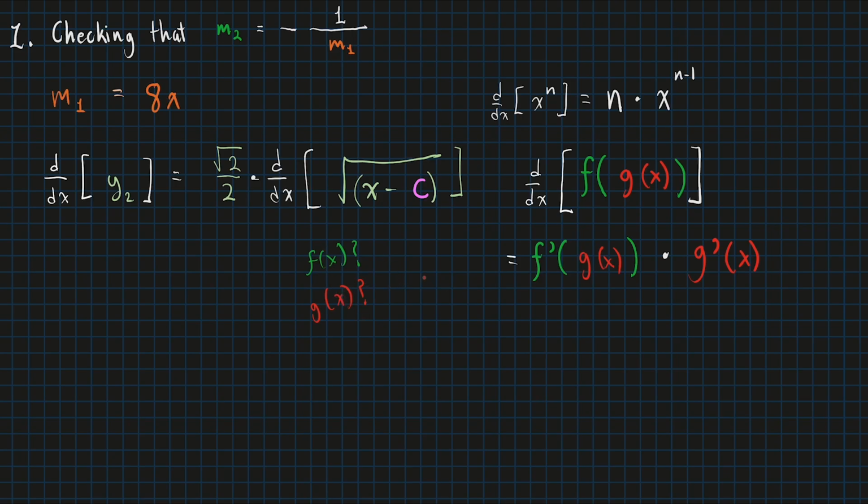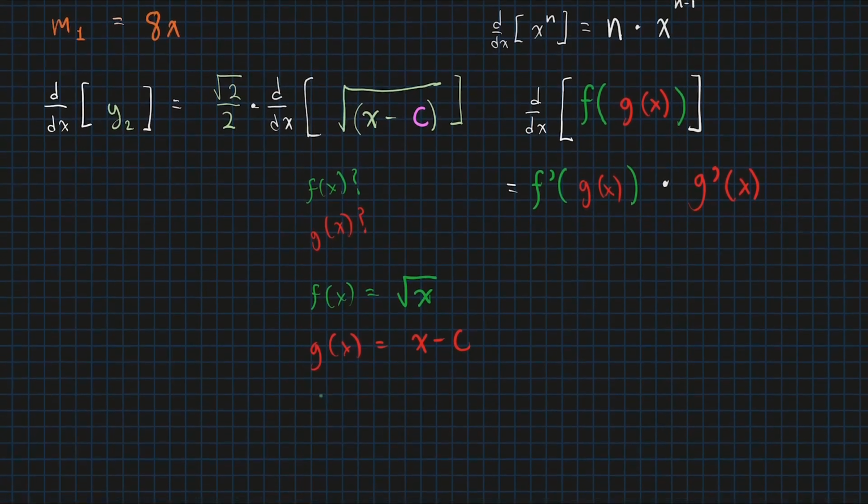So what I'm recognizing here as our outer function, something we know how to take the derivative of, is the square root of x. f of x should be the square root of x, and therefore our g of x should be x minus c. So if we say that f of x is equal to the square root of x, that is something we know how to take the derivative of, and we say that g of x is equal to x minus c, we also know how to take the derivative of this.